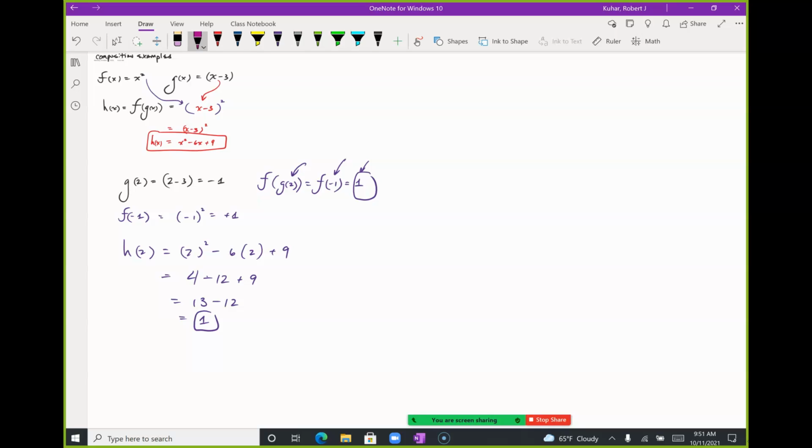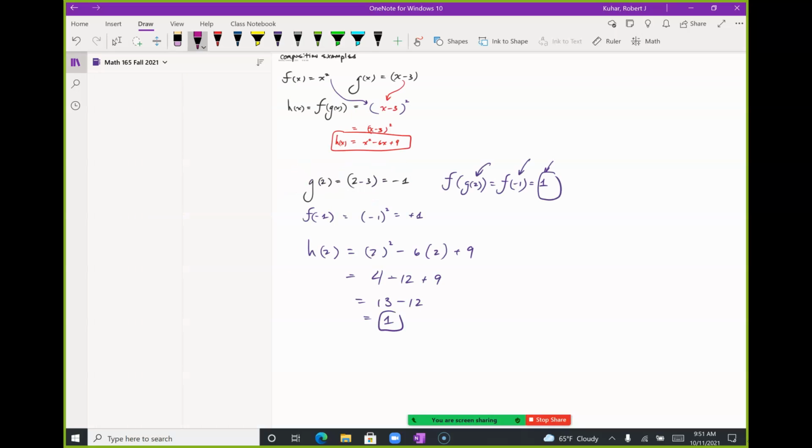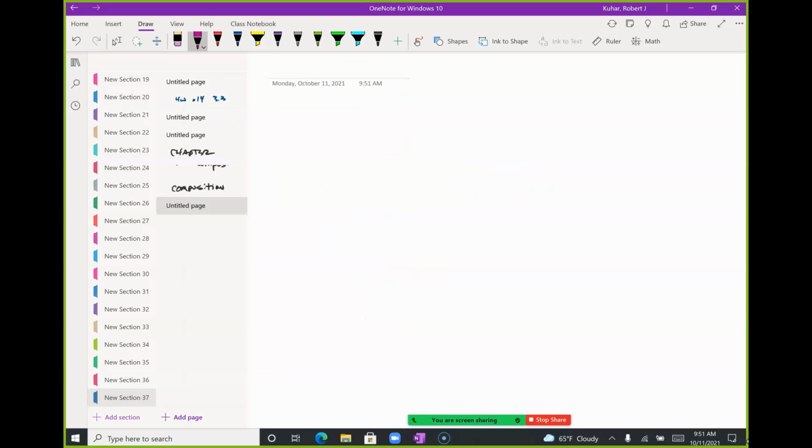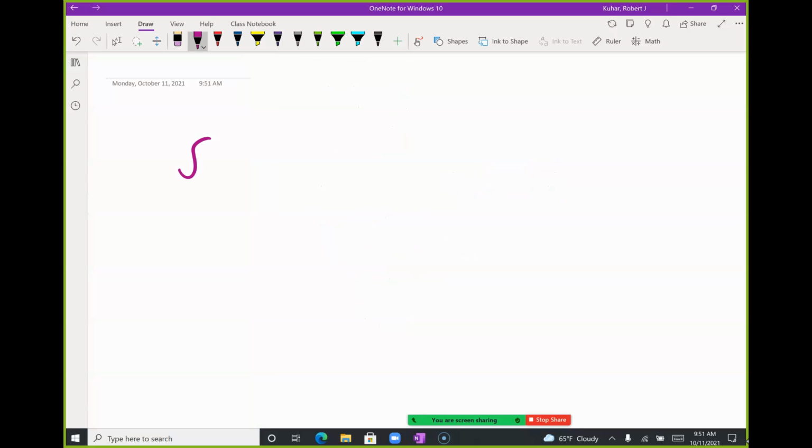All right, let's take a look at another one. So let's take f of x is x minus 1 over x, and let's take g of x to be 1 over x.